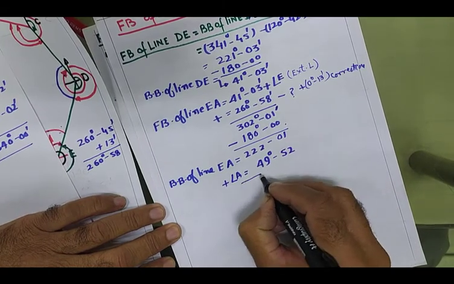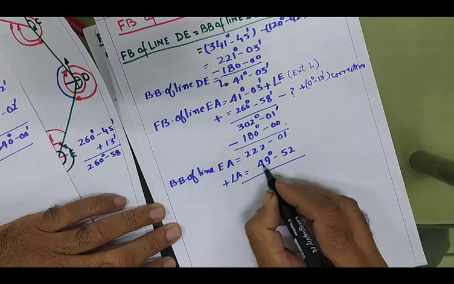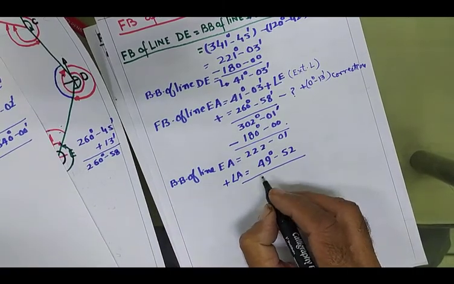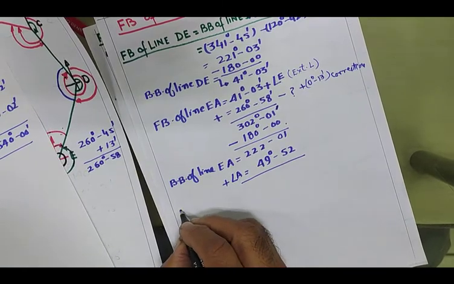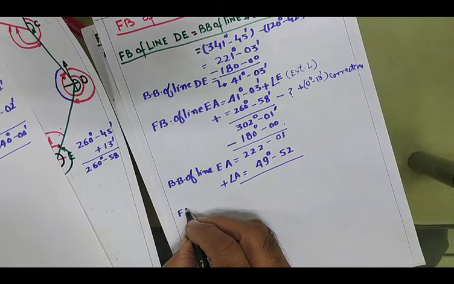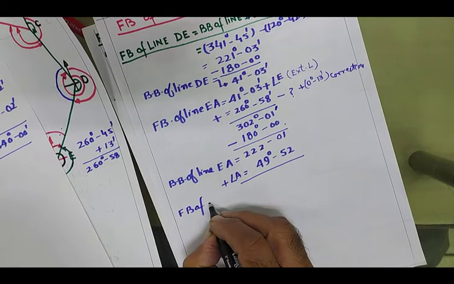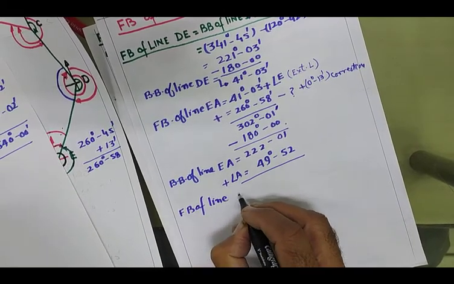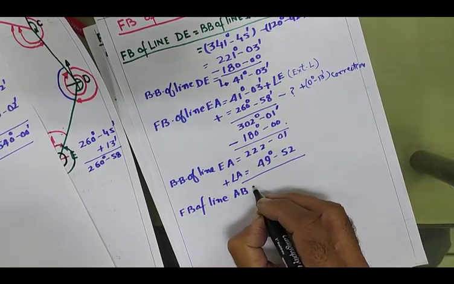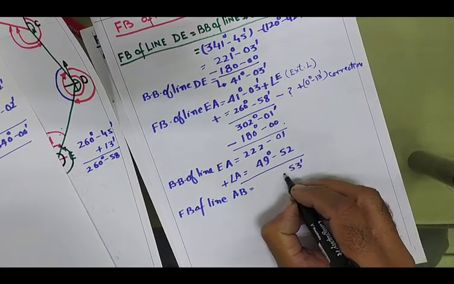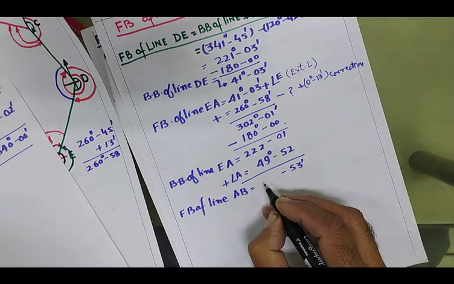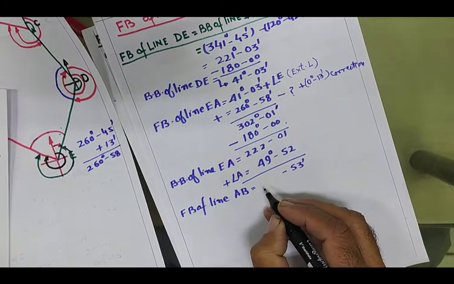This will be the back bearing of line EA, and after adding, this comes to be the forward bearing of line AB.